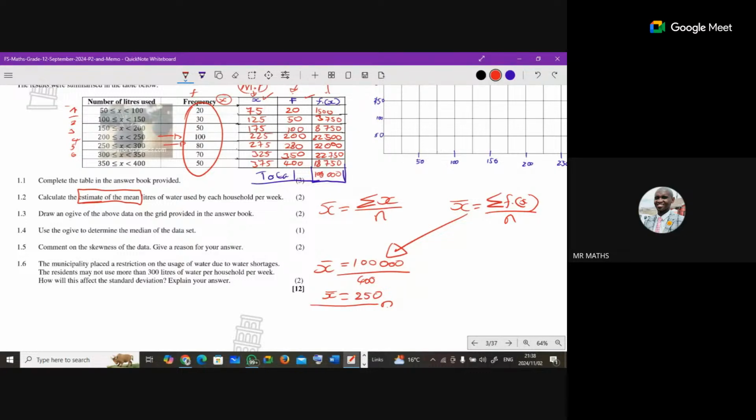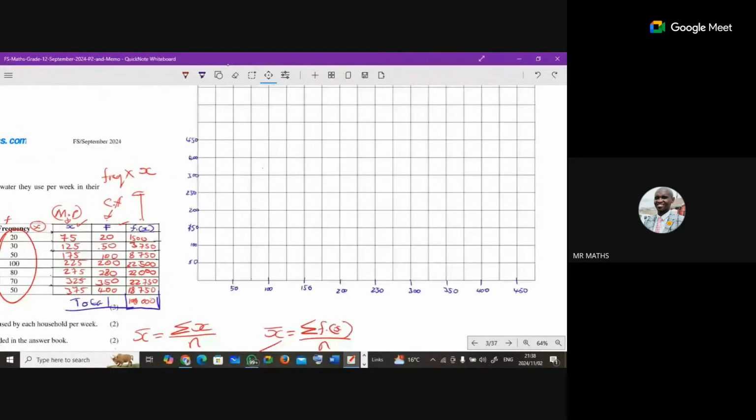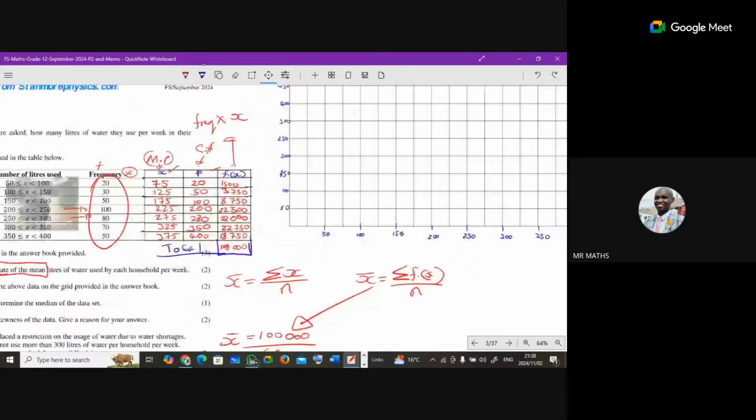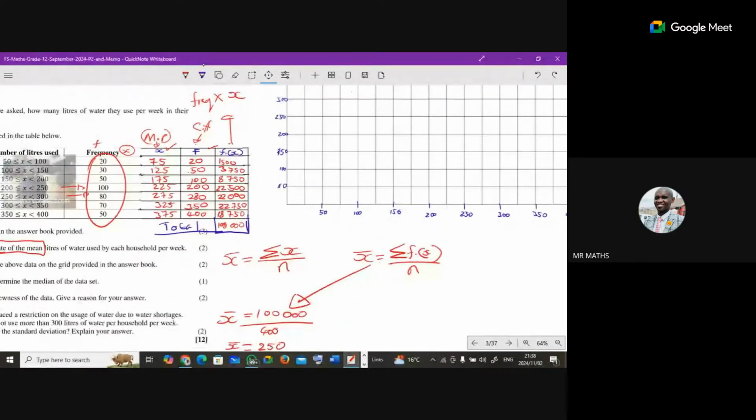or an ogive of the above data on the grid provided in the answer book. Okay. So remember, as now the answer book, but see, I managed to prepare something. So nansi i-answer book yethu soyisebenzisa. So kawuzobe i-ogive uyayazi uba which is which, apha ezantsi yintoni, apha phezulu yintoni.